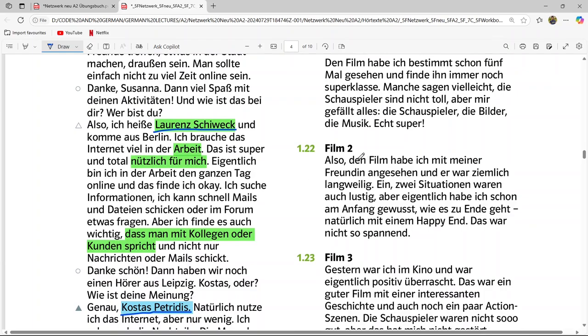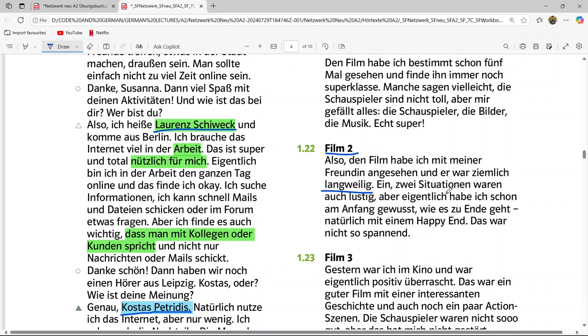Also den Film habe ich mit meiner Freundin angesehen und der war ziemlich langweilig. So I watched the film with my girlfriend and it was very boring. 1, 2 Situationen waren auch lustig, aber eigentlich habe ich schon am Anfang gewusst.